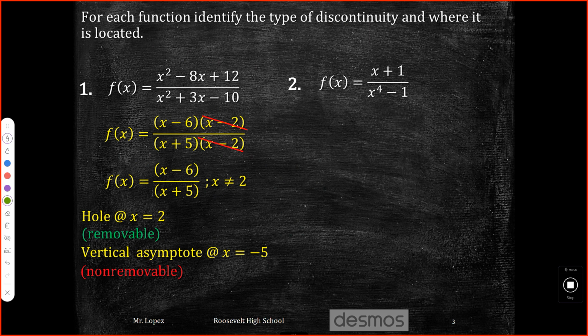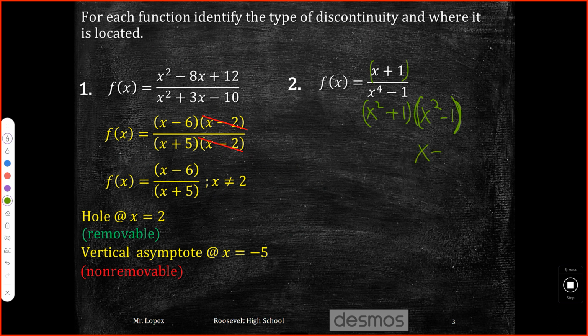Let's go to problem number 2. So let's factor the bottom here, x squared. It's a difference of squares here. We can continue factoring the second term, the difference of squares here in the second terms.